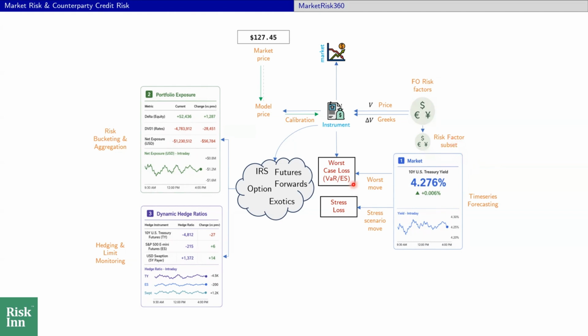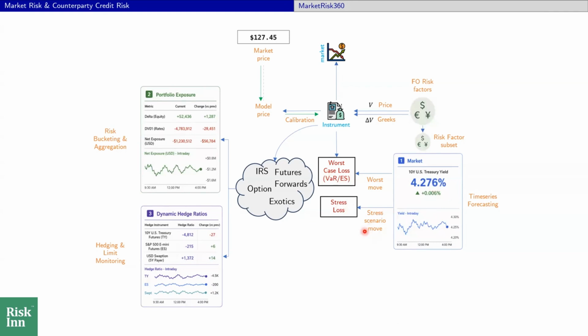Okay. So two things we're trying to measure here: in case of a worst case move of the risk factor, what is the loss on the instrument? And there are different risk measures like value at risk or expected shortfall, and there are plenty of different approaches in which we can do that, right? Historical, parametric, Monte Carlo, things like that.